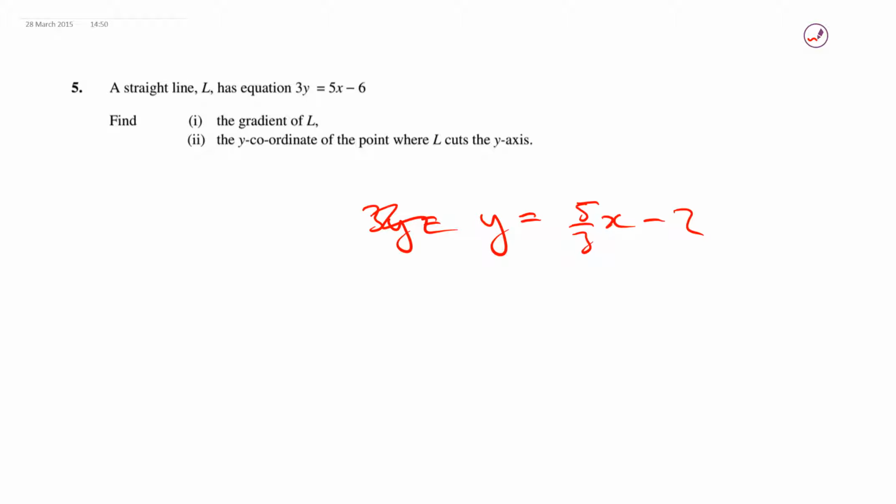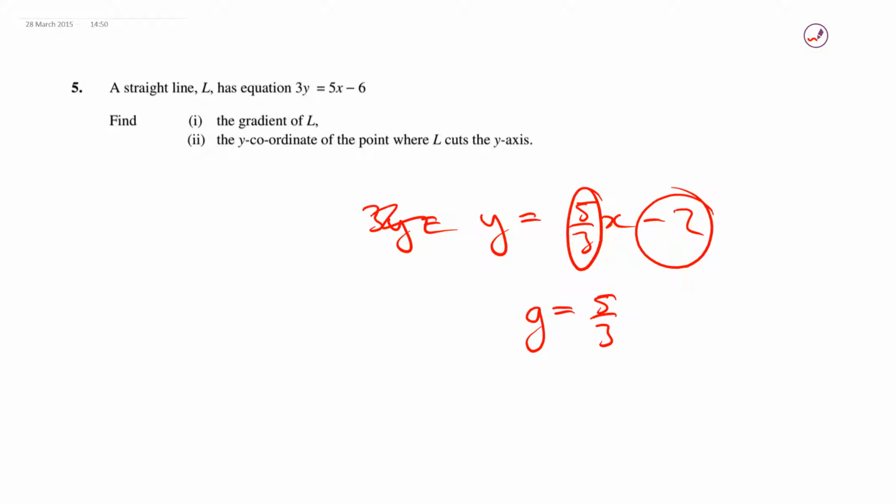Nice one. So obviously the gradient is 5 over 3. Remember, it's just the gradient. And the y coordinate of minus 2 is the next one. So they just wanted the -2. I think that was too easy.